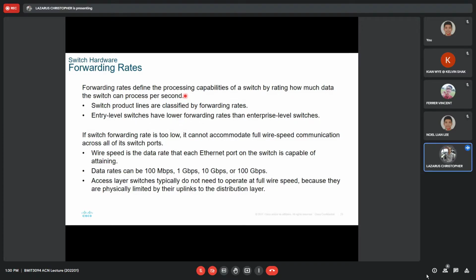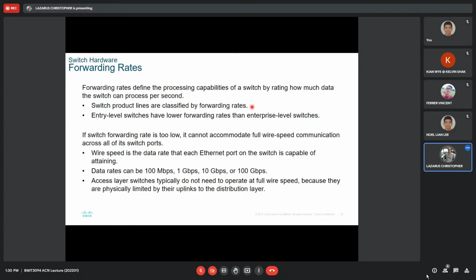All this, and actually doing the switching and then forwarding it to the destination port. These are how fast you can do that. That is the processing capability.